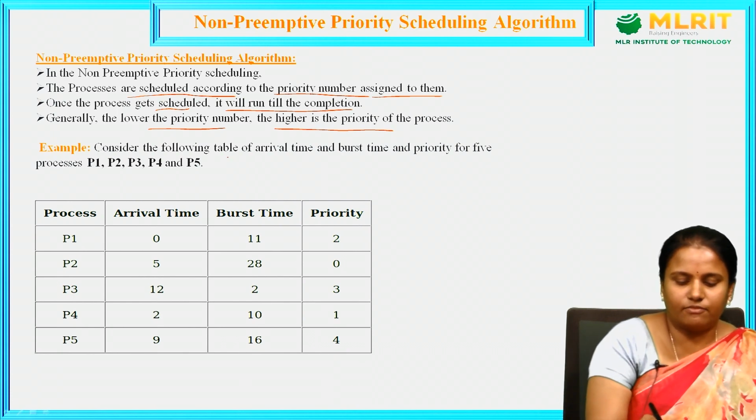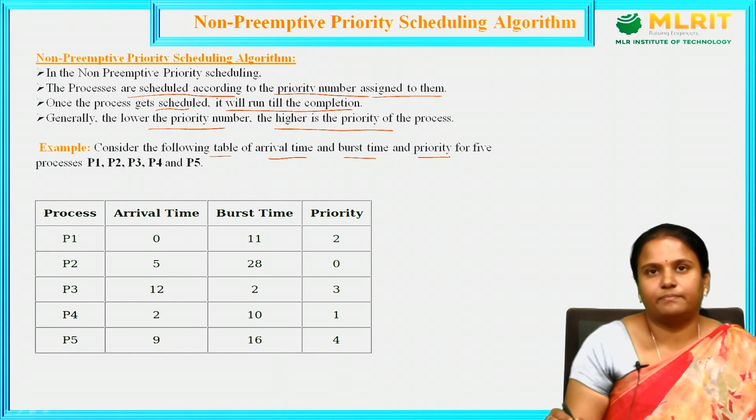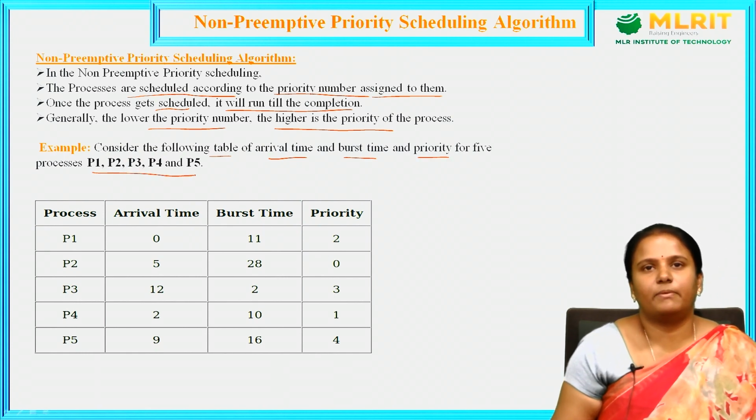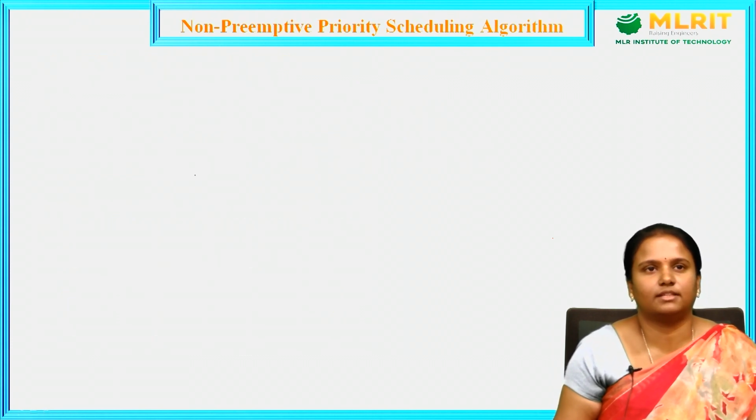Consider the following table with the arrival time, burst time and priority. We need to schedule all these 5 processes based on the priority. Let us start our problem in the non-preemptive method.